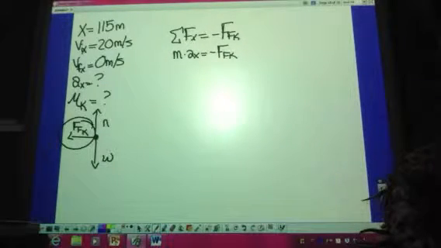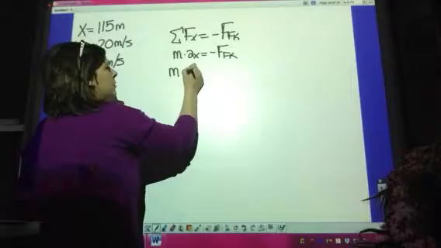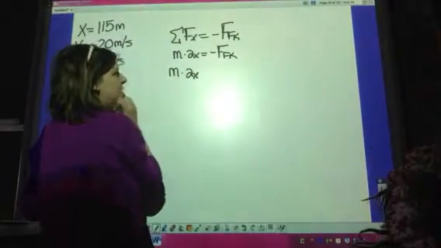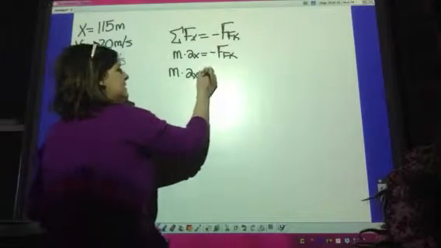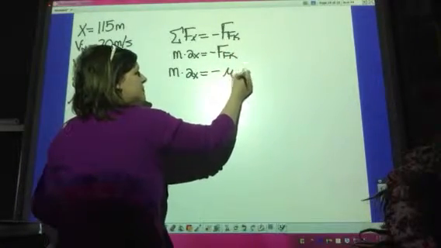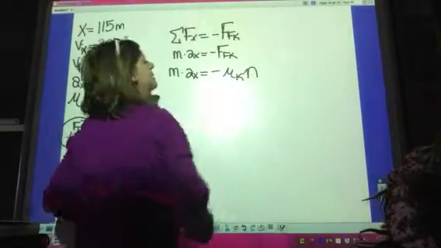But what does the force of friction equal? Because I need to find mu. So I need to make sure that I write this in terms of the coefficient of kinetic friction. So I have the mass times acceleration equals, I know the force of kinetic friction is the coefficient of kinetic friction times the normal force.